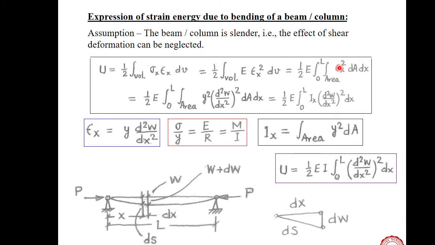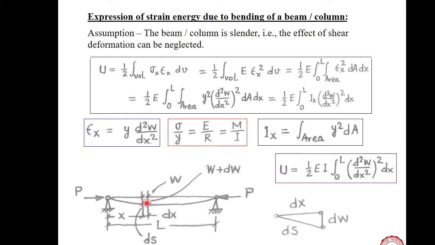Due to that deflection, let us take this general case, right? We have a loading P, we have some deflection here. The deflection is indicated by W. Deflection field is W. So at location X, we have a deflection W at X. Now what is the elemental moment here?